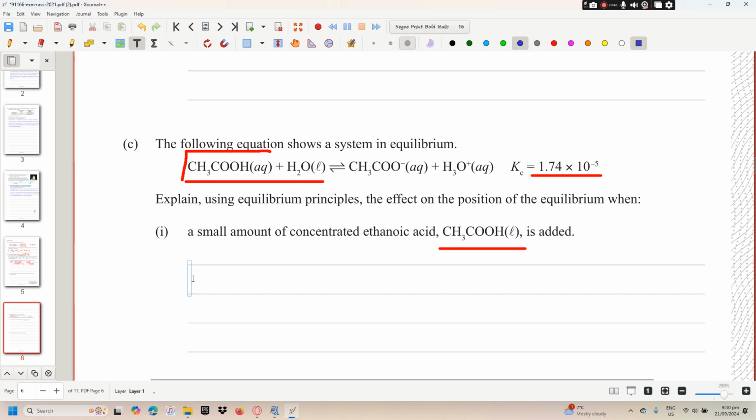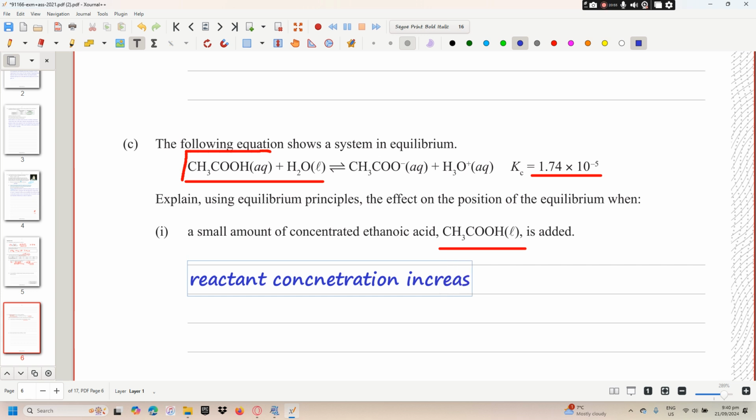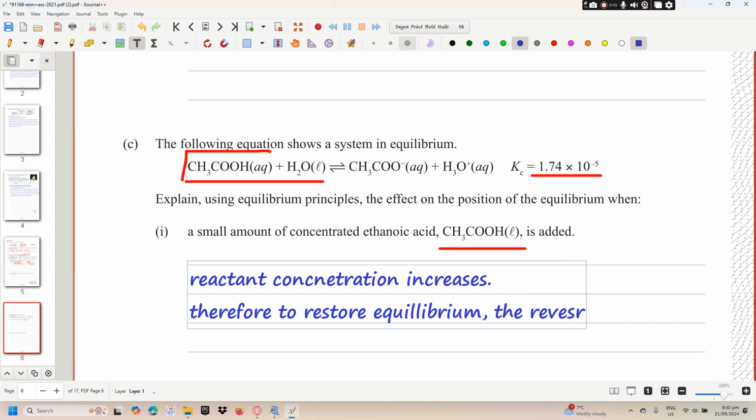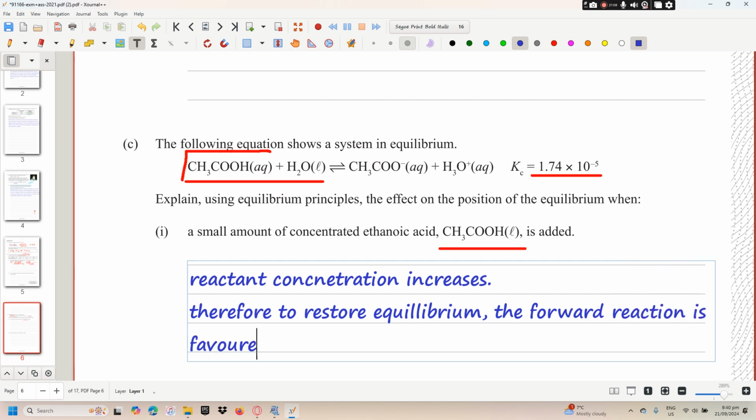Reactant concentration increases, therefore to restore equilibrium the forward reaction is favoured to use up excess reactants and restore.